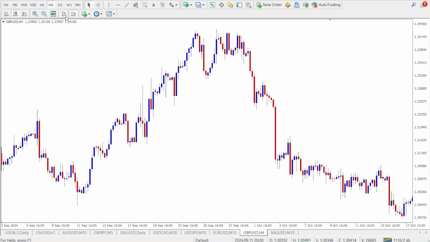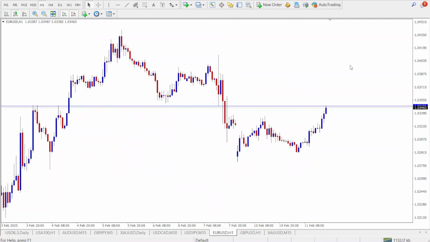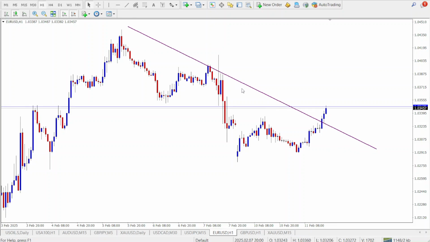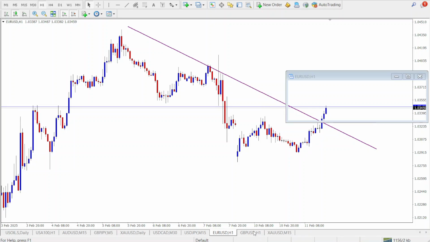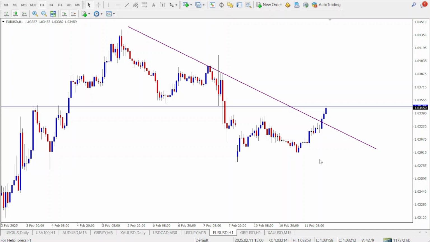Let me just put both currency pairs on the 1 hour chart, and we are going to look at both. Can you see that the Euro/USD had a sort of declining pattern, and then we had this latest bullish move. And look at the GBP, same scenario. Can you see that? Same scenario. So we call this a positive correlation.